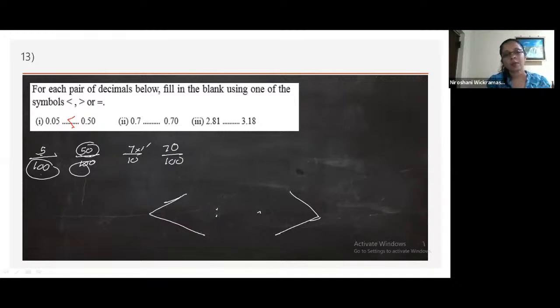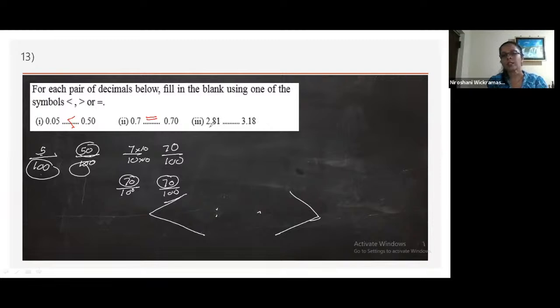So I multiply this by 10, this by 10. 70 over 100, 70 over 100. So can you see this is also 70, this is also 70. These two are equal. So you can write the equal sign here. You can see nothing means 0, no? 0.70, 0.70 equal.